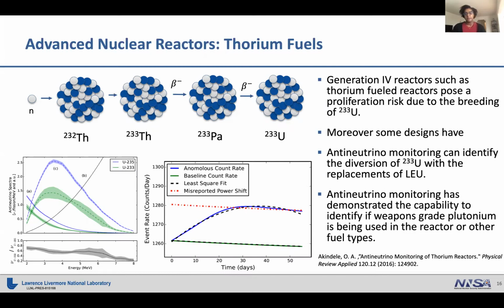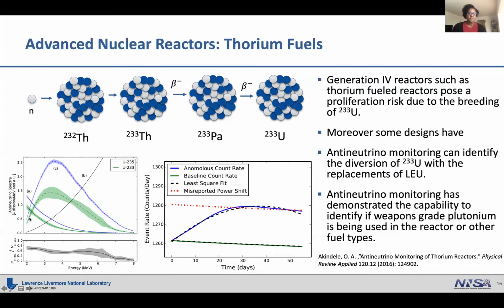So yes, it's not plutonium-239, but uranium-233 is still fissile and can still be used for a nuclear device. And so we demonstrated in a paper a few years ago that if you had a thorium reactor, you could use antineutrino monitoring to actually determine whether or not they are using the uranium-233 as subsequent fuel, or if they're removing uranium-233 and replacing it with LEU.